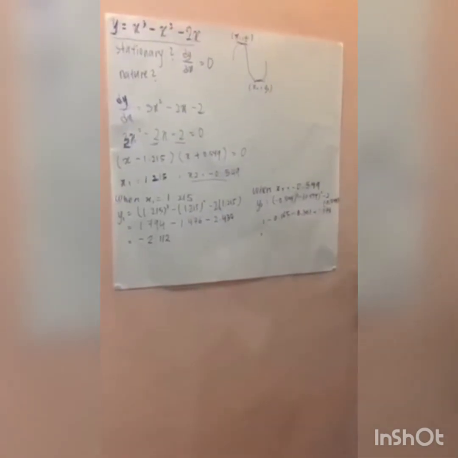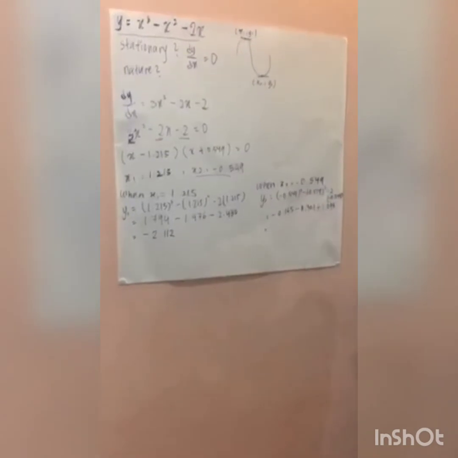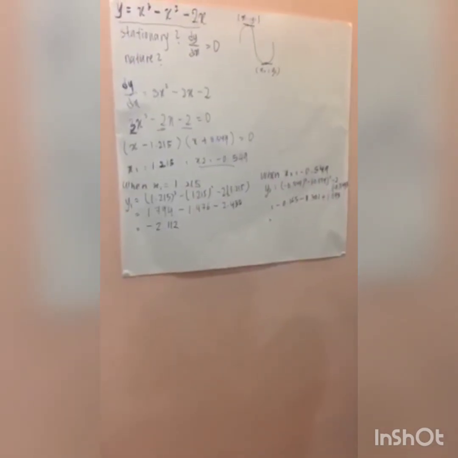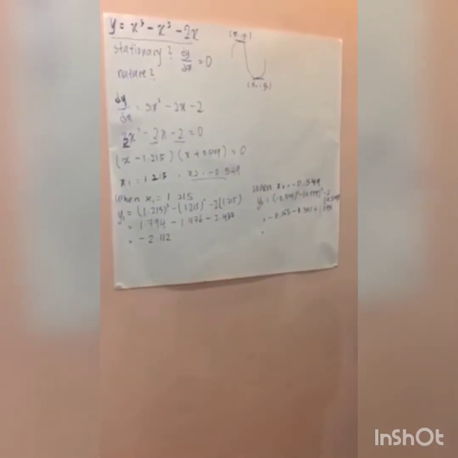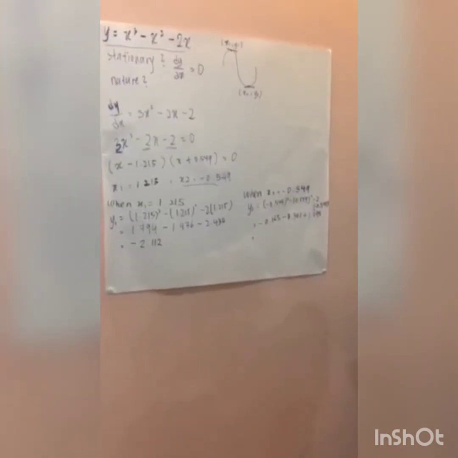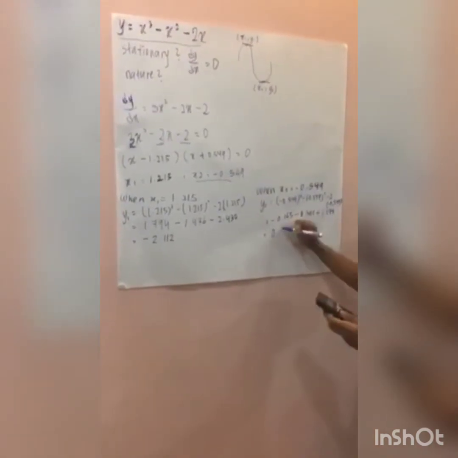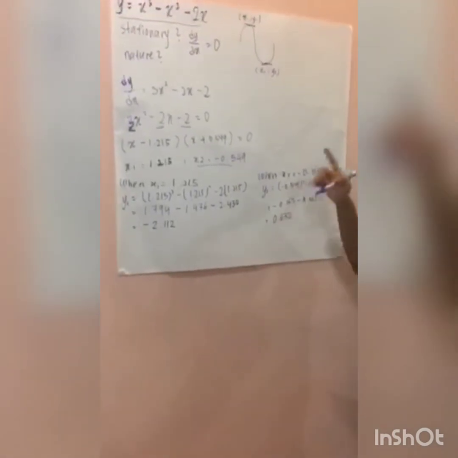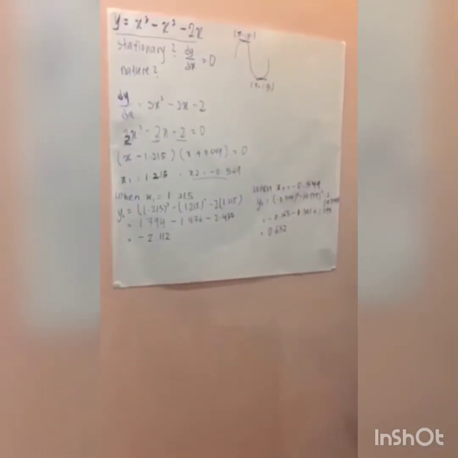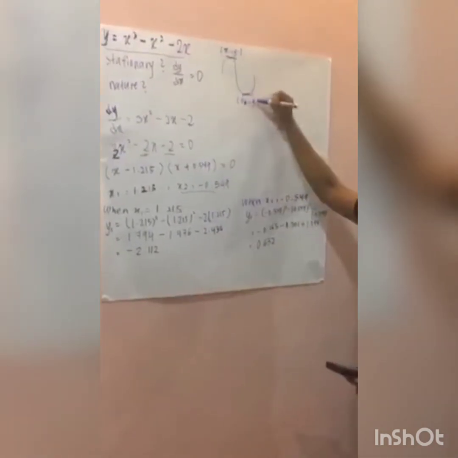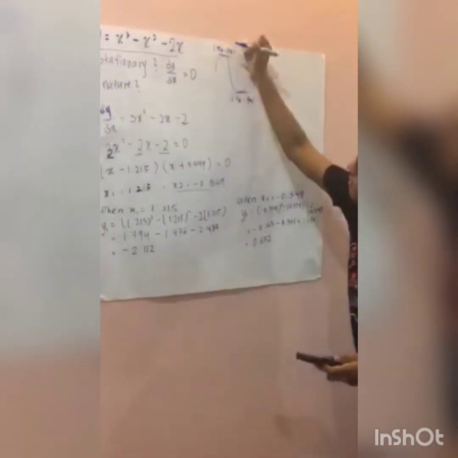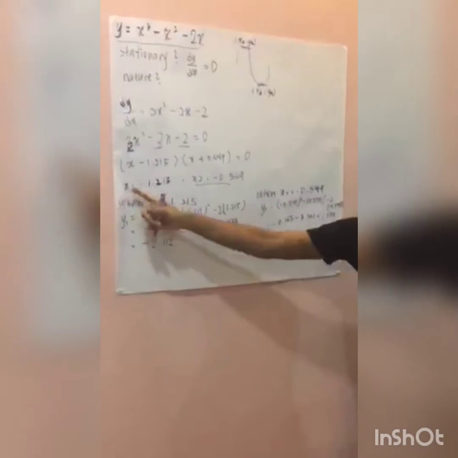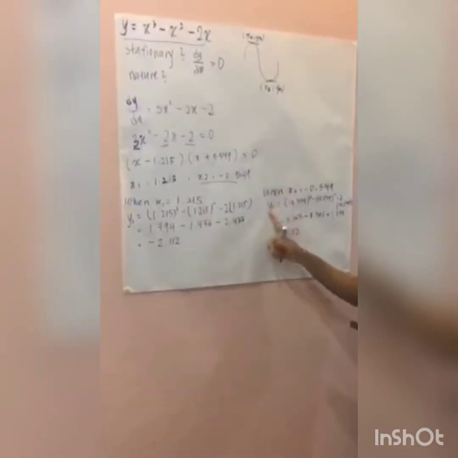Now I'll calculate all this: negative 0.165 minus 0.301 plus 1.098. I got 0.632, and this is my point for y2. So I have my points for x1, y1, x2, y2.